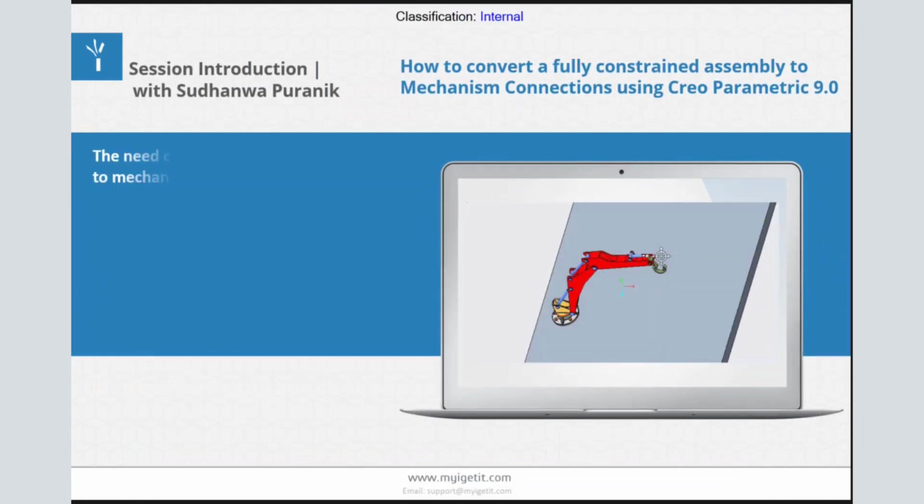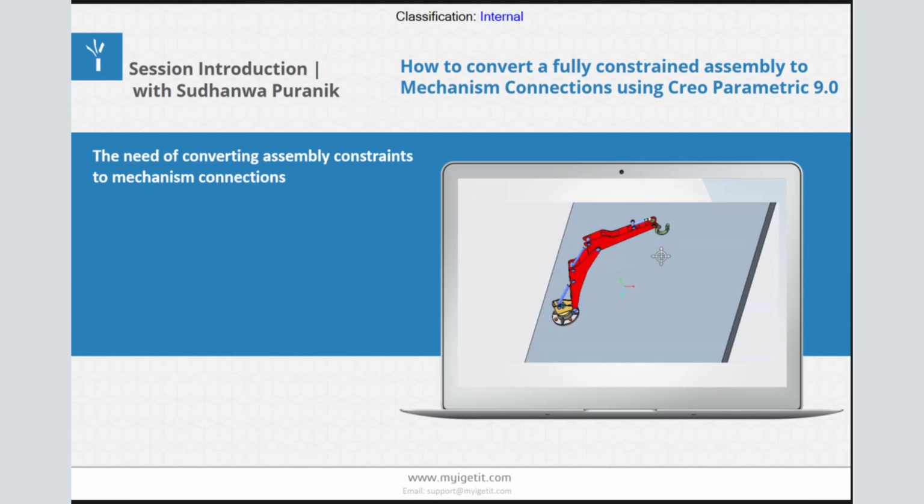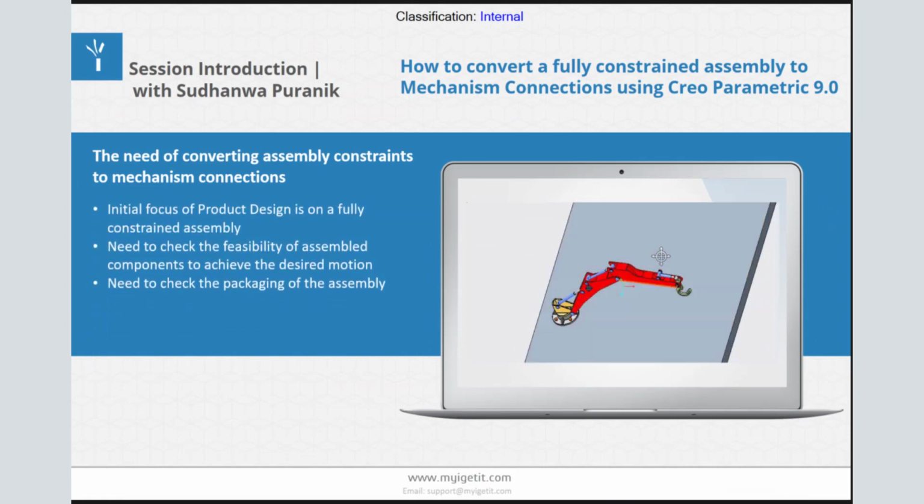To begin with, the first thing I will discuss is the need of converting assembly constraints into mechanism connections. It's a common practice that initially when we do some product design, there is a fully constrained assembly, and then after having the final assembly, we need to check the feasibility of the assembled components, whether they can achieve the desired motion or not.